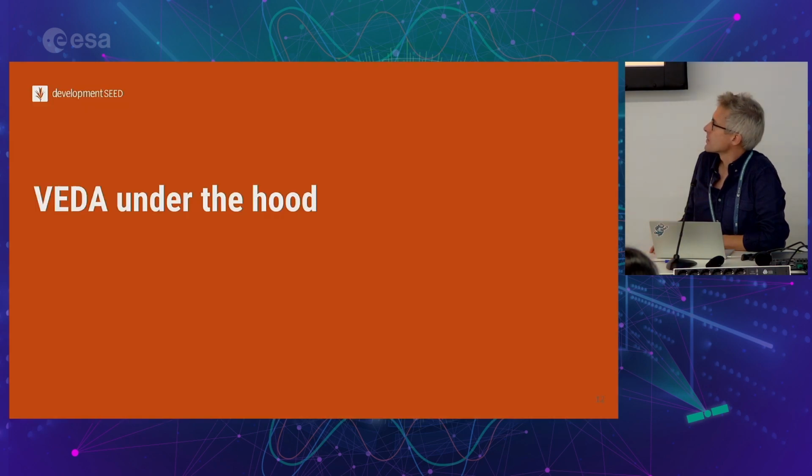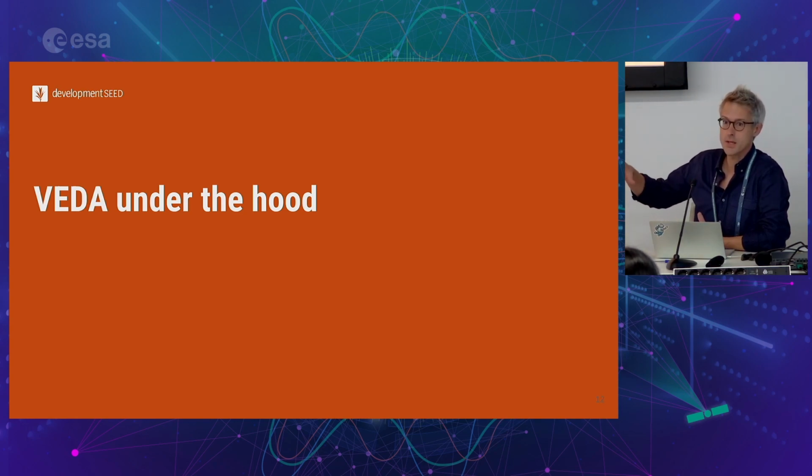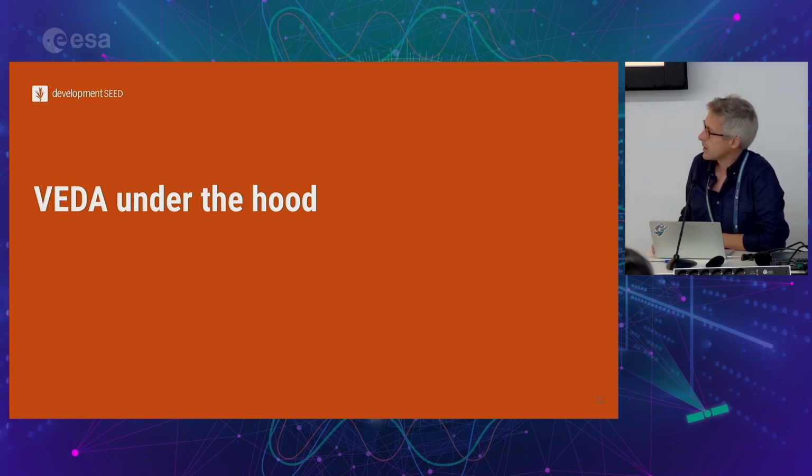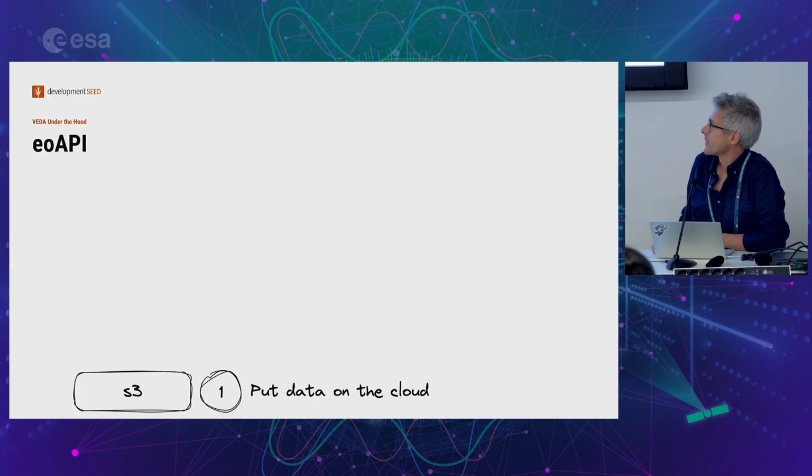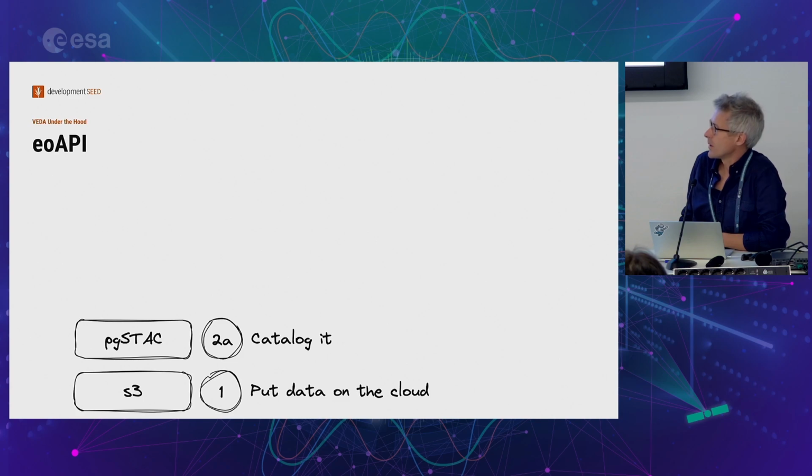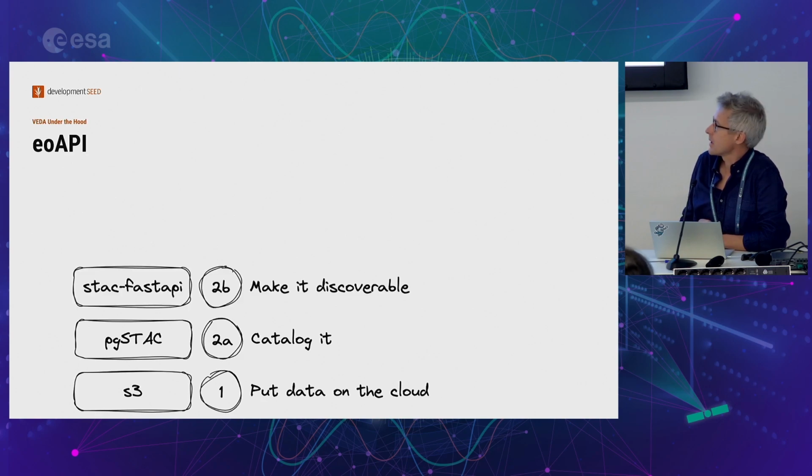But what I wanted to show was what VEDA does under the hood, and especially the part where the datasets are that are partly powering EO Dashboard. In VEDA we're using a technology called EOAPI, a collection of STAC-friendly technologies where you put your data on S3, then we use PgSTAC to catalog the data.